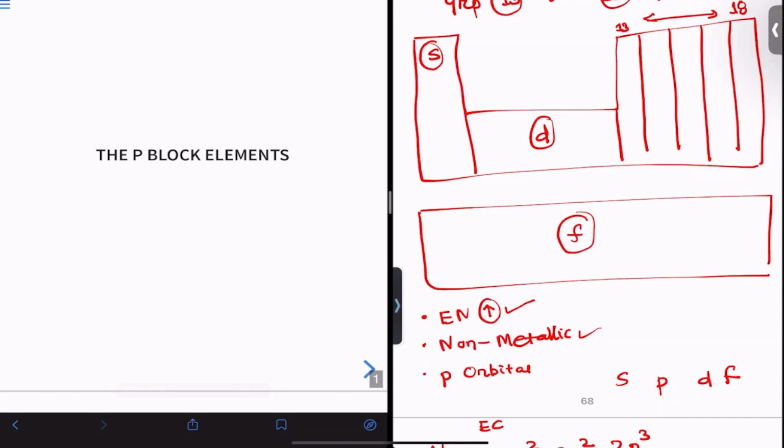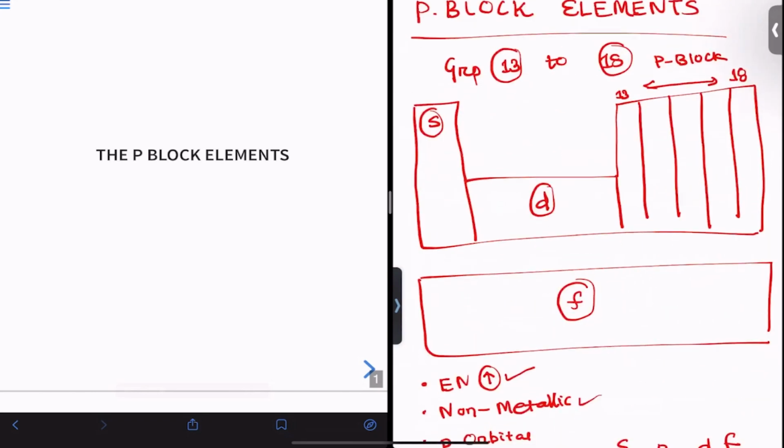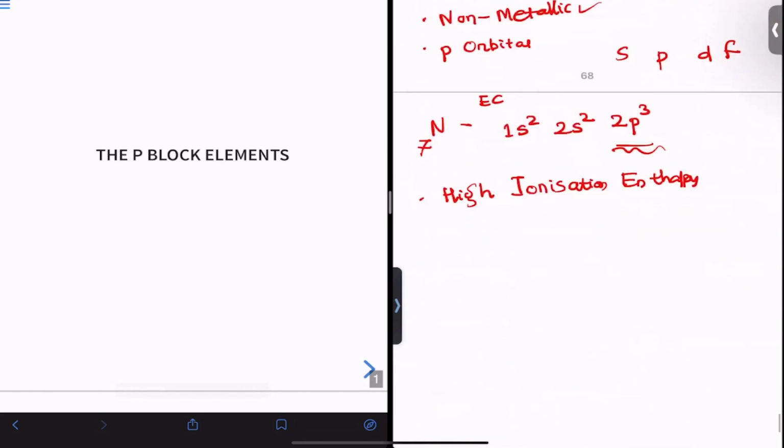Through the questions we'll learn all the properties of the p block elements, and the reactions that you need to remember in the p block elements that are repeatedly asked in the previous year questions. So guys, let's begin.